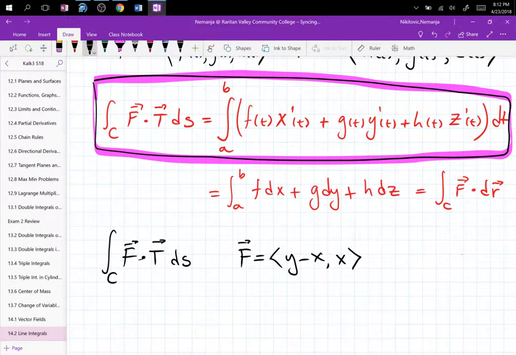So I want the path to be a quarter circle from 0, 1 to 1, 0.